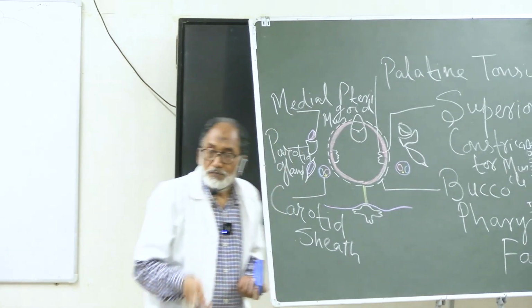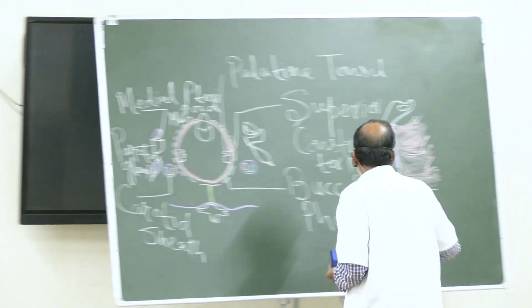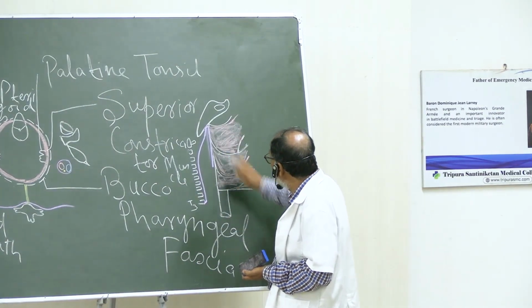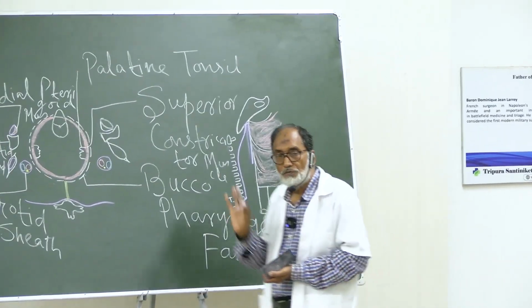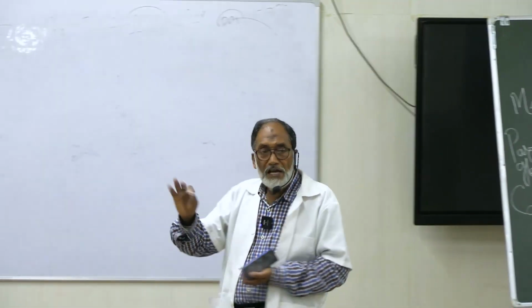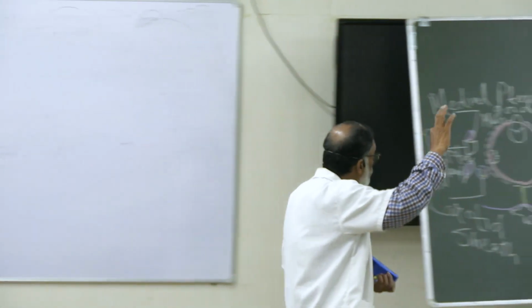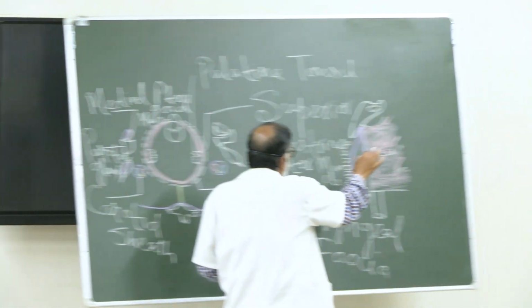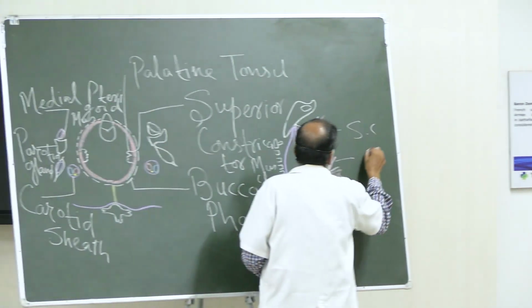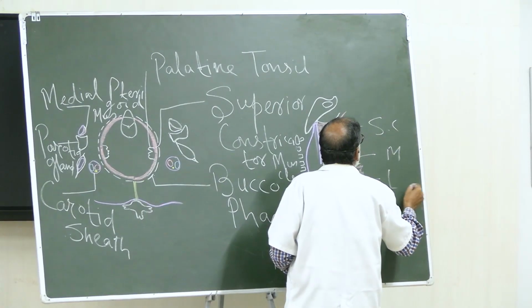Now here you see, this is the esophagus, and this thing is actually the constrictor muscles. There are three constrictor muscles around our pharynx. This is the superior constrictor, middle constrictor, and lower constrictor.